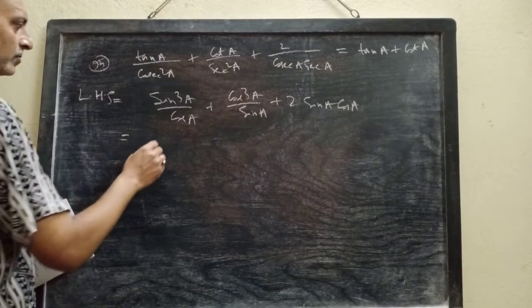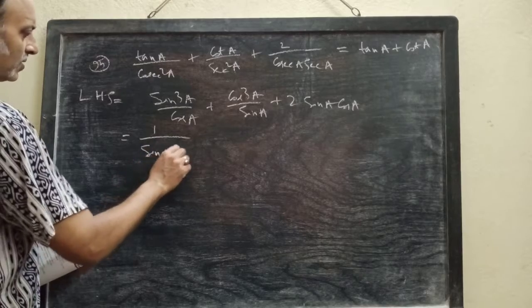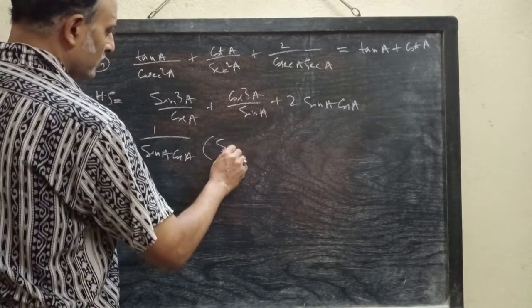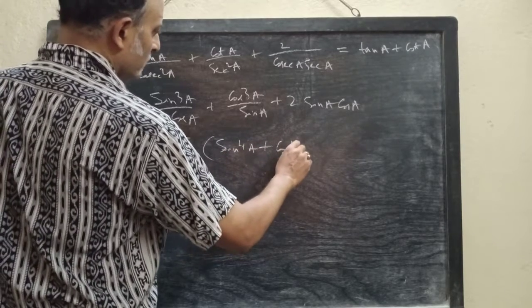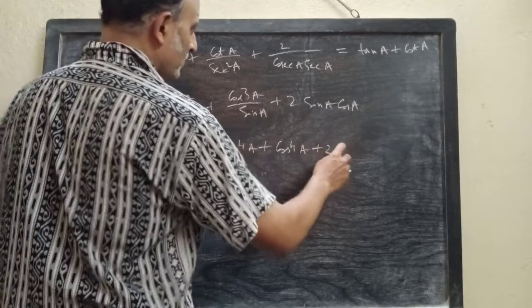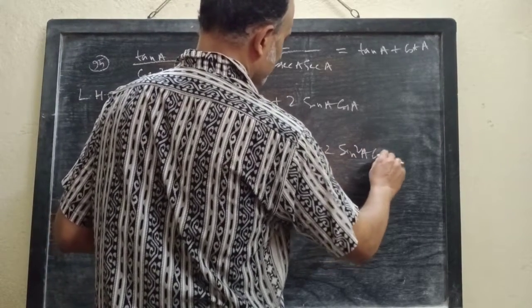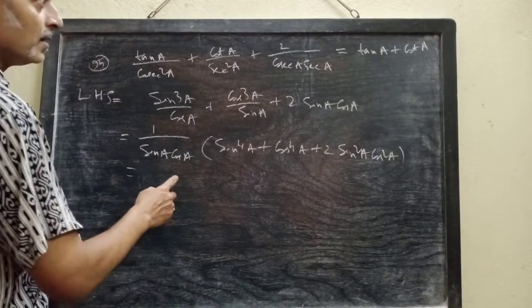Now, if you take common 1 by sin A cos A, then it becomes sin to the power 4 A plus cos to the power 4 A plus 2 sin square A cos square A. Now very easy.